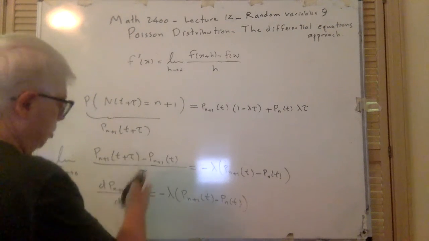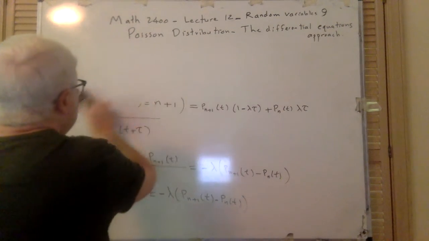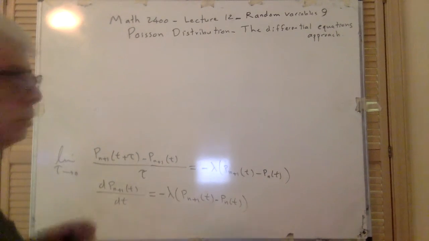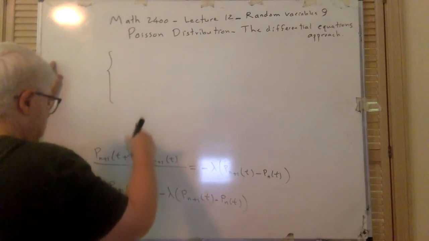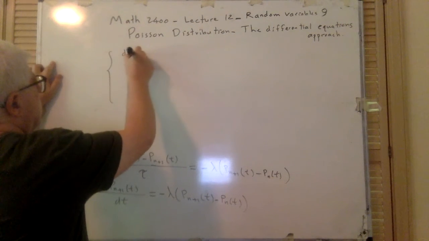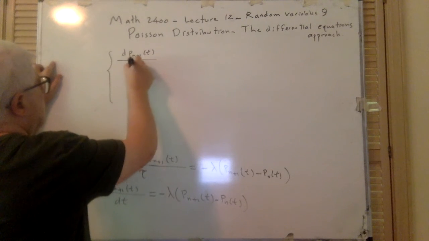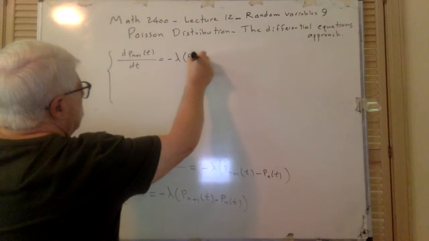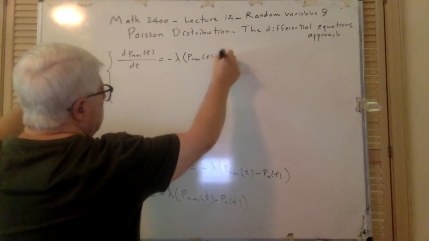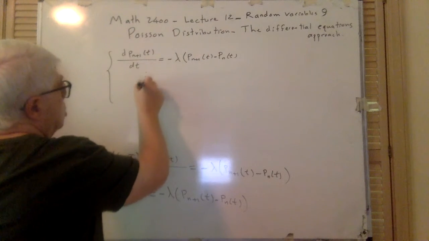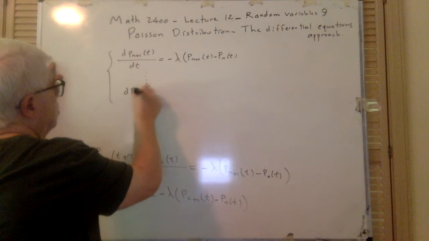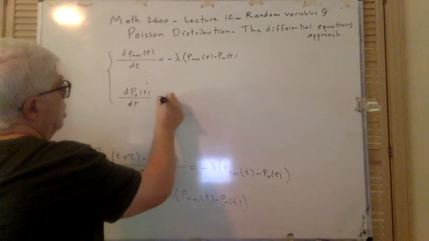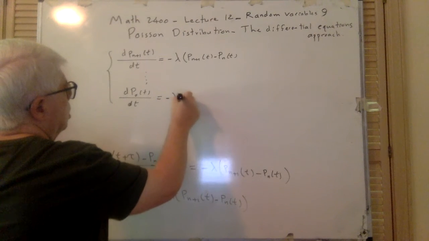So let me write this differential equation up here: dP_{n+1}(t)/dt is minus lambda times P_{n+1}(t) minus P_n(t), and this goes down to dP_0(t)/dt. There is no P_{n-1}, so it's minus lambda P_0(t).